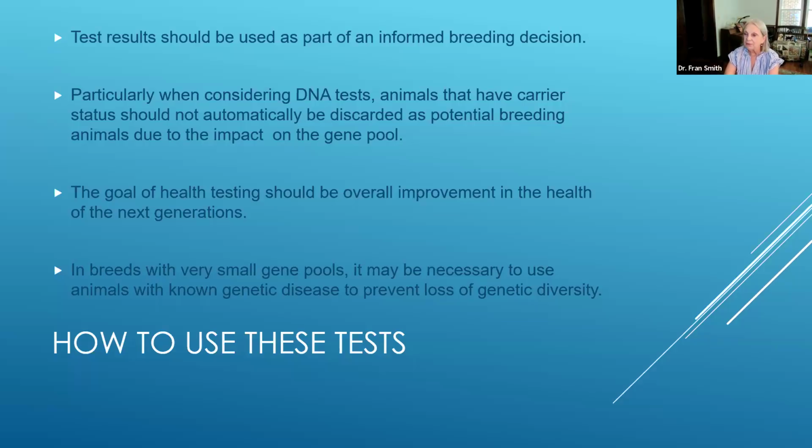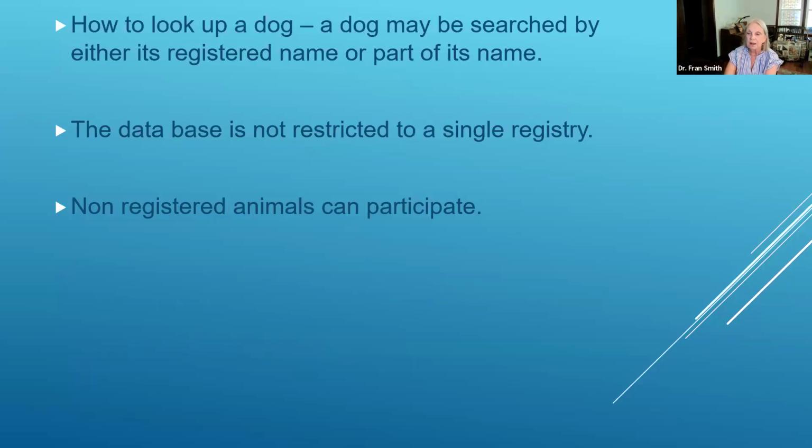The goal of health testing should be to improve health overall in next generations. And I also want to tell you, although I don't encourage anyone to breed animals with defects, in breeds with very small gene pools, you might have to use dogs with known genetic disease to prevent loss of genetic diversity.